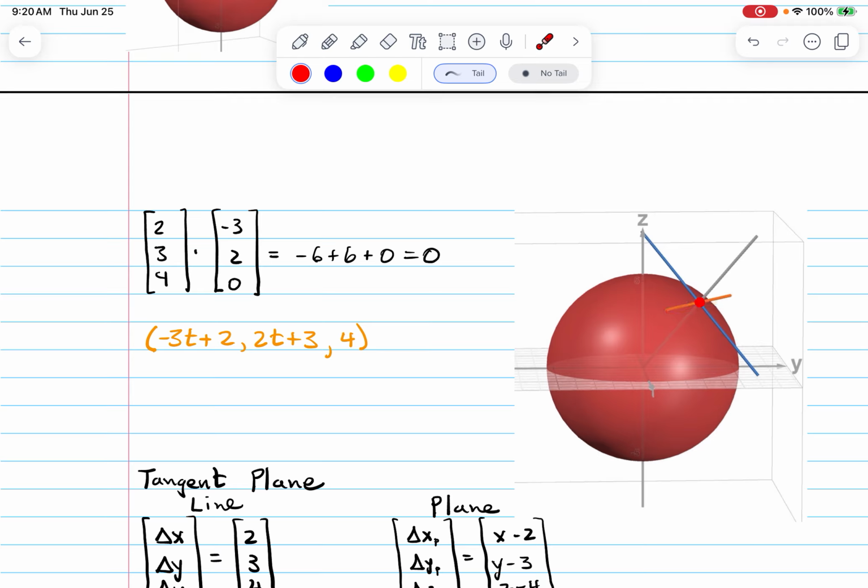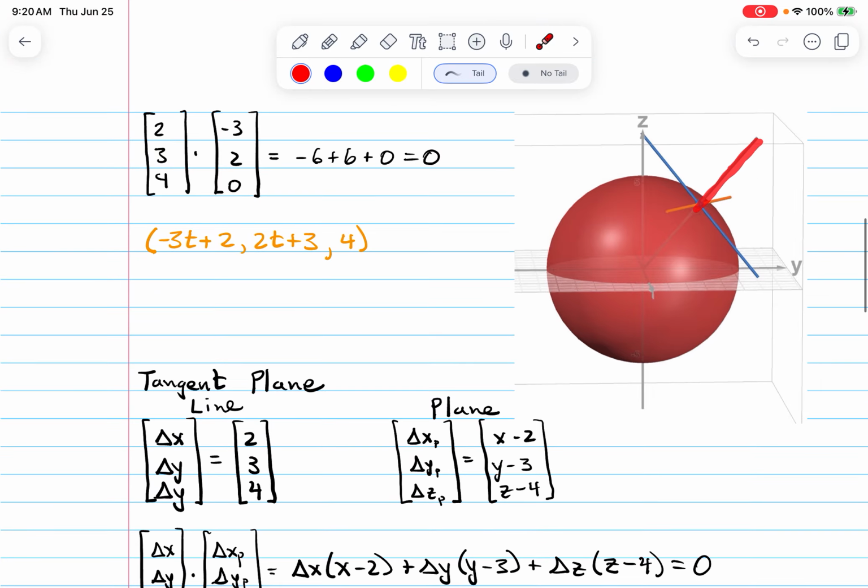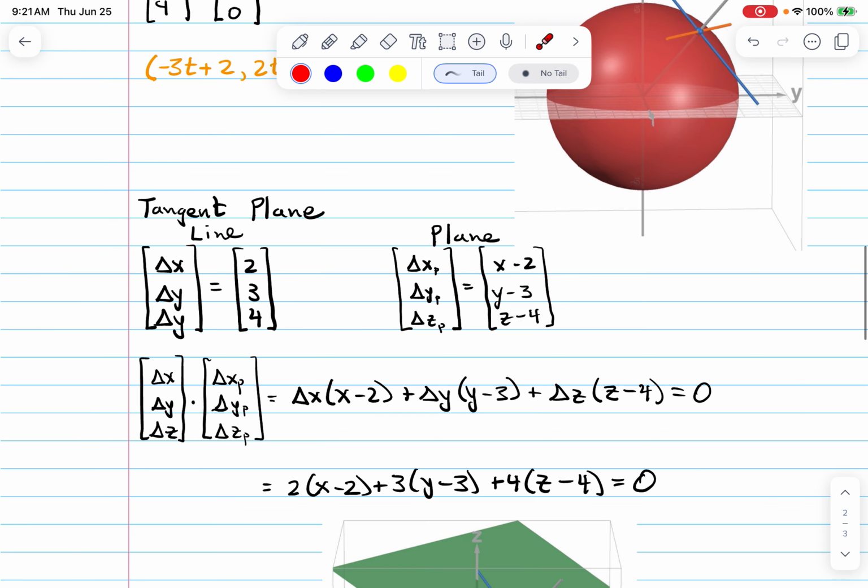Now notice that this line right here, the original line, which I had delta x, delta y, and delta z, is perpendicular to all these tangents. So it will be perpendicular to the plane. Okay? Now, I'm going to take this point, 2, 3, 4, and I'm just going to pick some other point on the plane. This point, x, y, and z. Let's just suppose this is on the plane.